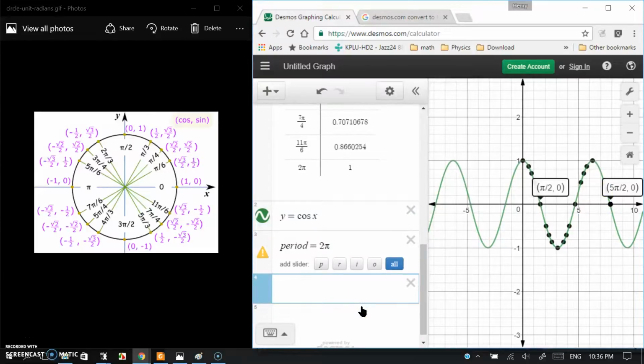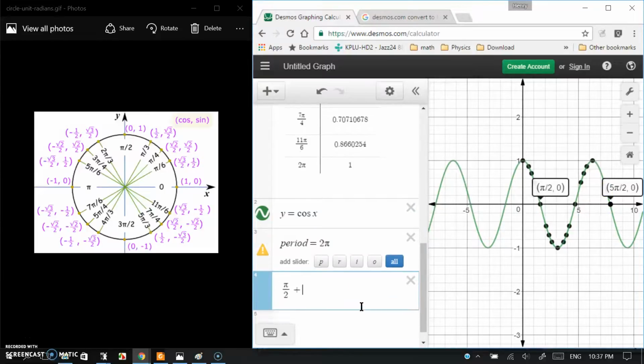If you're not sure, 5 pi over 2 minus pi over 2 gives us 2 pi, okay?